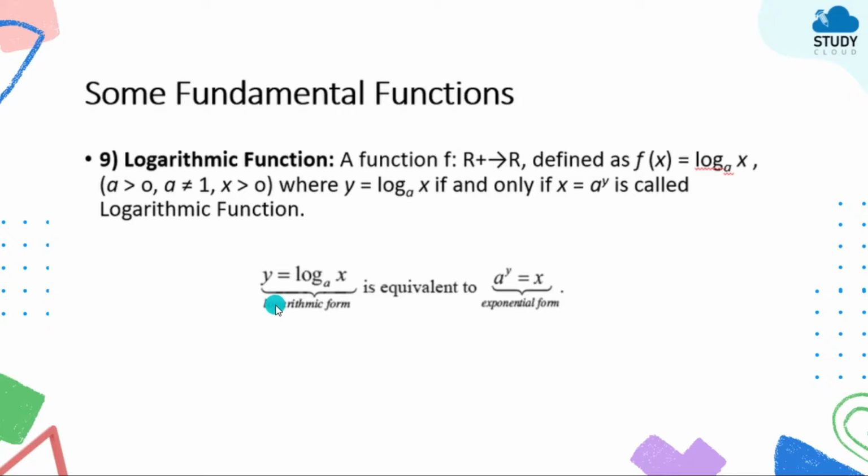See, y = log x with the base a. This is equivalent to a^y = x. Here what happens is the base shifts to the opposite side and y becomes the power and it is equal to x. This is the exponential form.